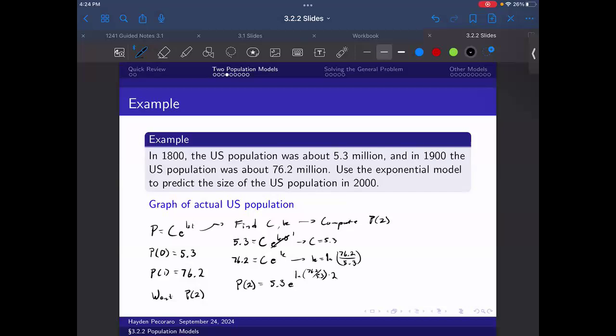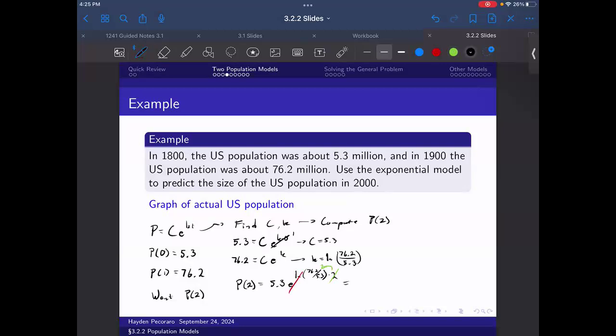One of my log rules says that that 2 gets popped up here as a square. And then I don't have any coefficients in front of that log, so I can cancel it with the exponential.